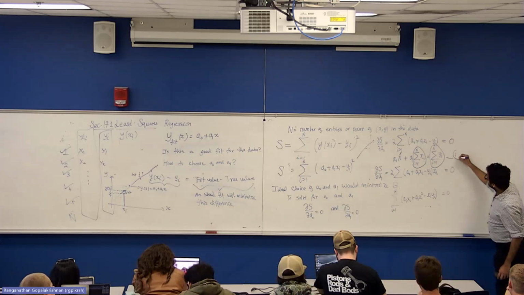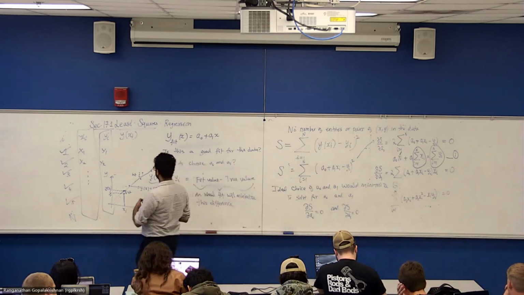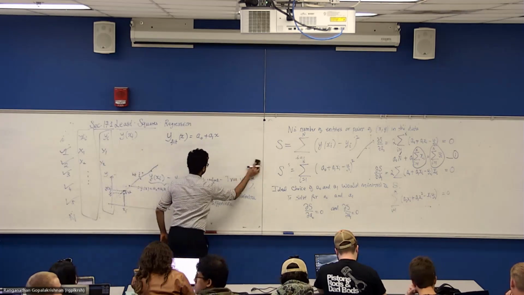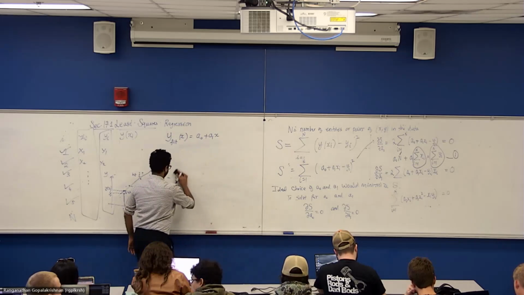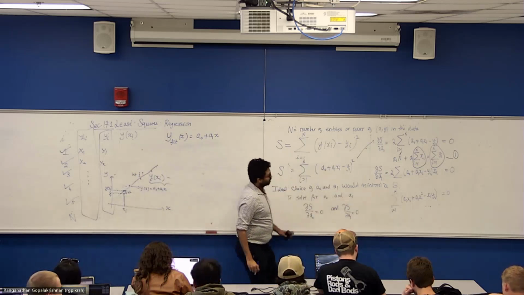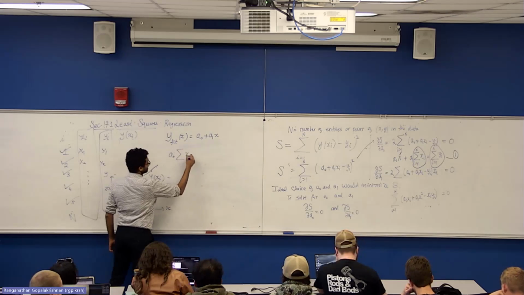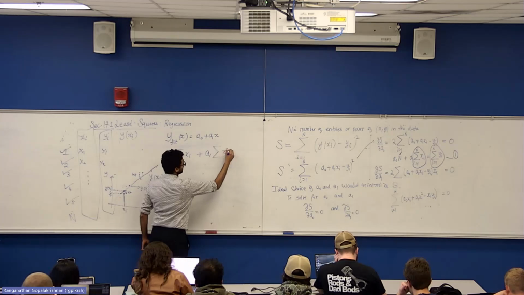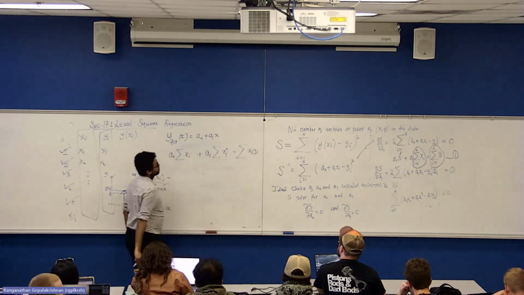Call this equation 1. So I'm going to take this. This is like writing a naught multiplied by summation xi plus a1 multiplied by summation xi squared equal to summation xi yi.